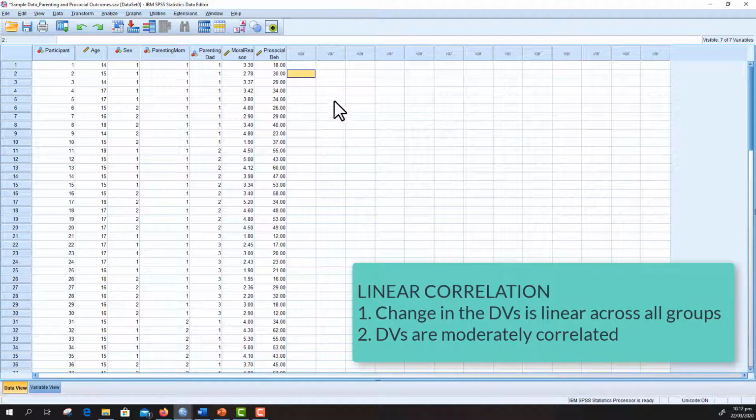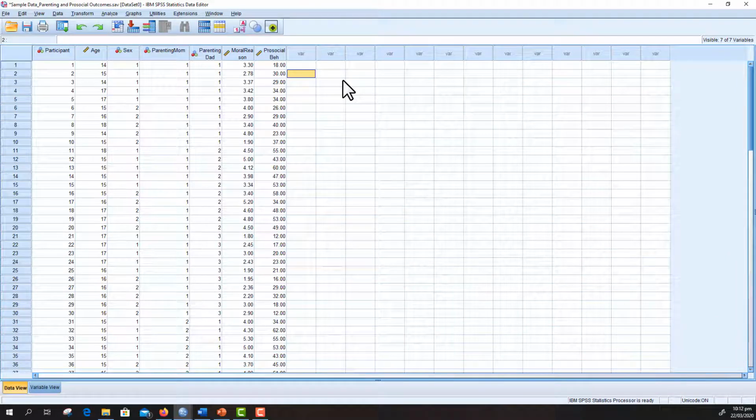One is that the change in each dependent variable is linear across all conditions. The other is that the dependent variables must be moderately correlated to each other. We can check the shape of the relationship, whether it's linear or not, by examining the pattern of the scores. This can be done using graphs.